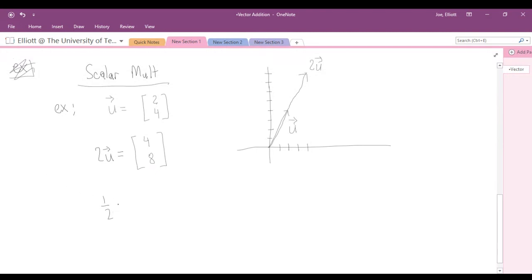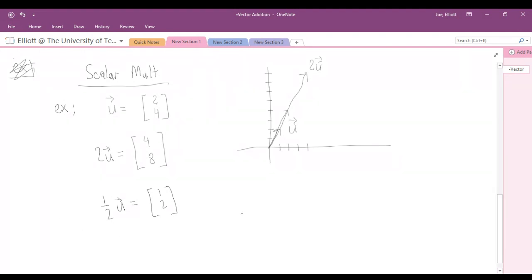Likewise, if I want to multiply by, say, a half, so half of u would be the vector 1, 2. And if you draw the vector 1, 2 in the picture, it's half the length of u. So it's important to keep that picture in mind. When you multiply a vector by a scalar, it scales the length of that vector by that amount.